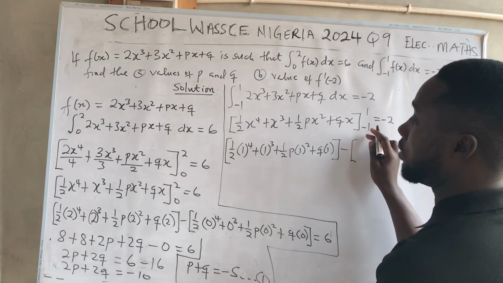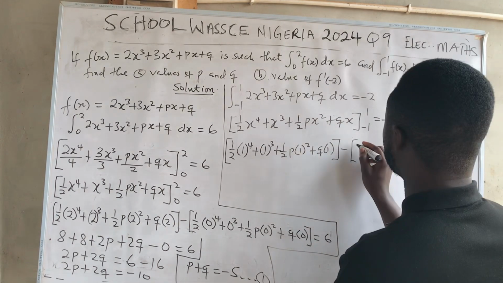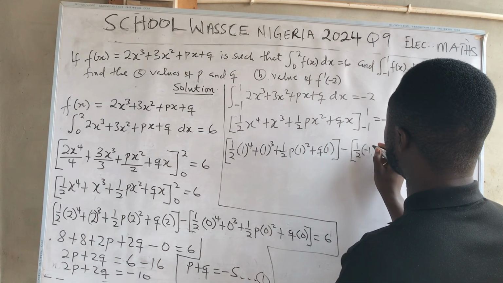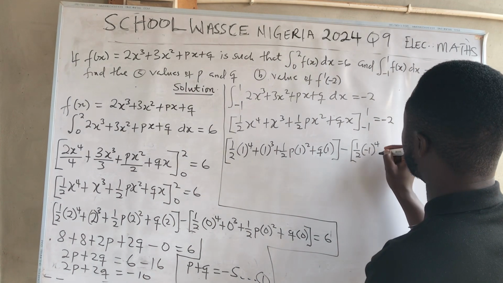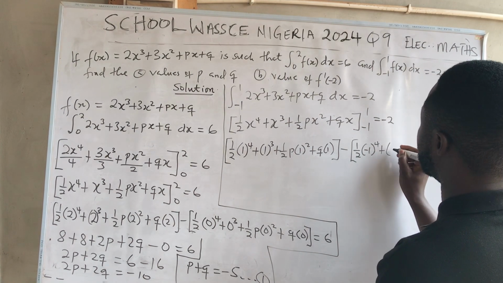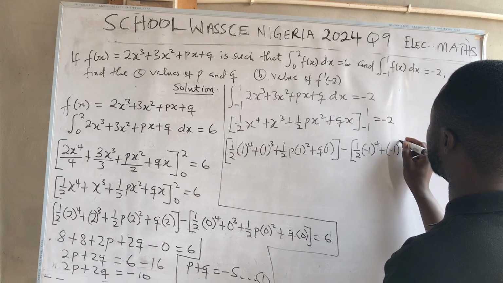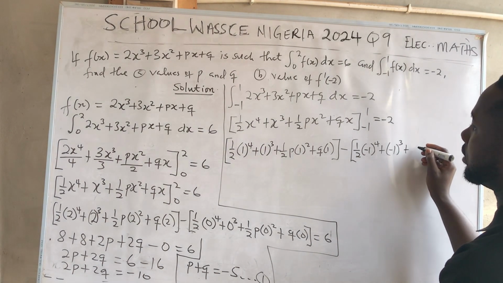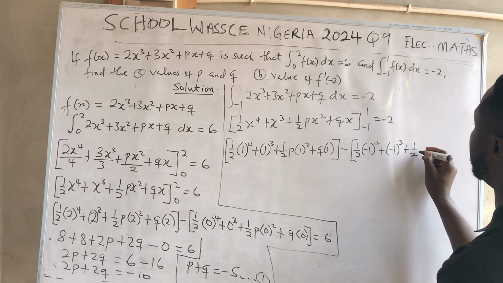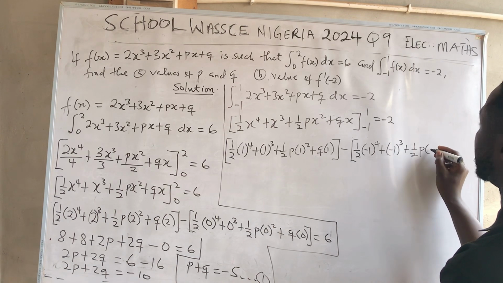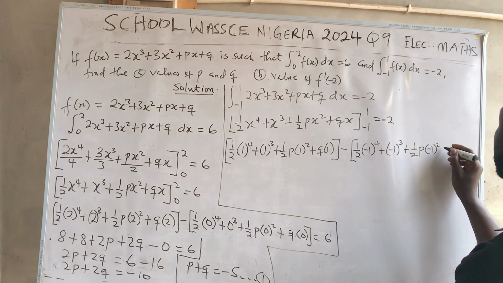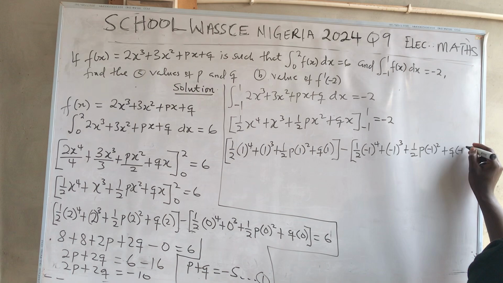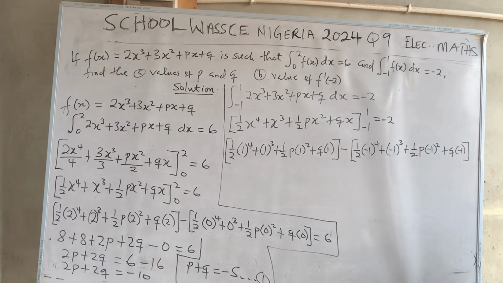Minus, we also substitute negative 1. So 1 over 2, minus 1 exponent 4, plus minus 1 exponent 3, plus 1 over 2p, minus 1 squared, plus q, minus 1. Okay, so we have also been able to substitute minus 1.